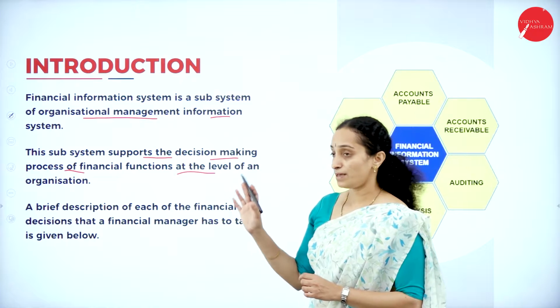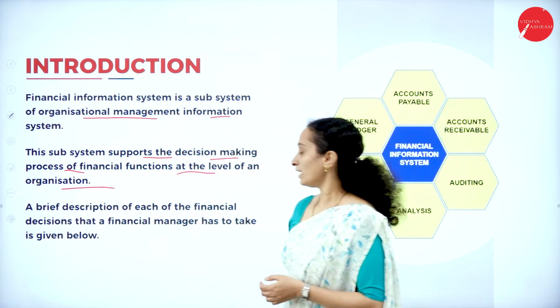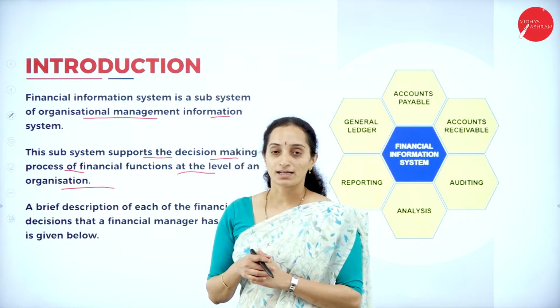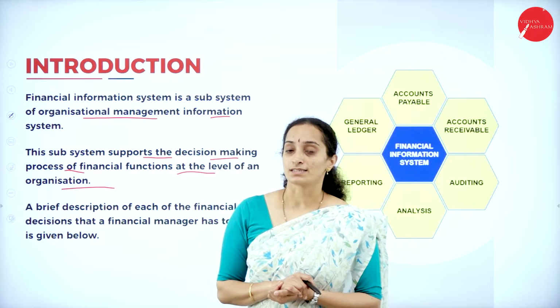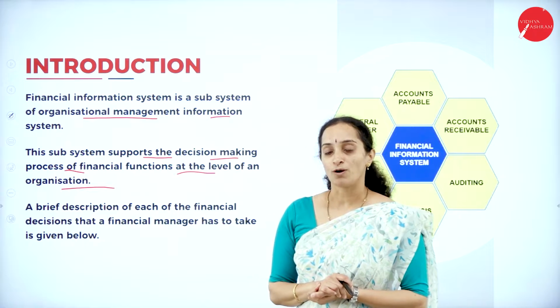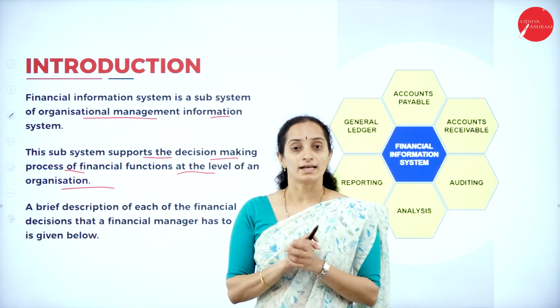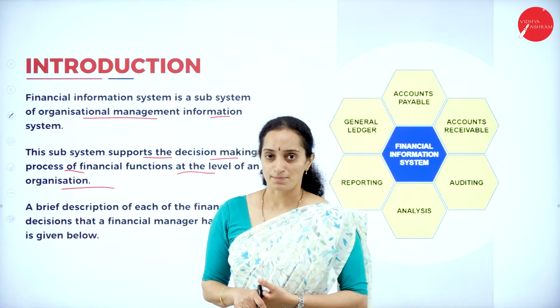Decision making based on the financial results at the top level of an organization. Most of the financial related decisions in an organization will be taken by the top level management, isn't it? For top level management, we need to have the figures or data related to the finance department, isn't it?